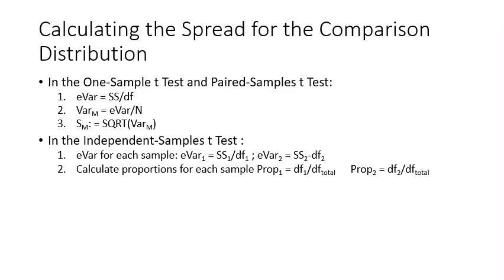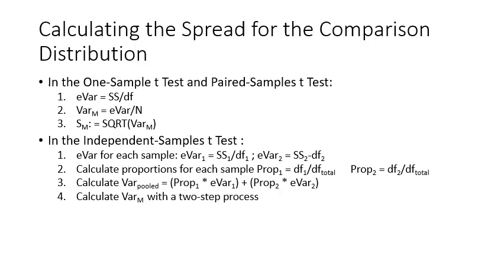Then we're going to do another calculation, the proportions for each sample. The proportion for the first sample is the degrees of freedom for the first sample divided by the total degrees of freedom, and the same for proportion 2. Then we're going to calculate var pooled by multiplying the proportion for each sample times the variance for each sample. To calculate the variance for the distribution of means, we'll have a two-step process.